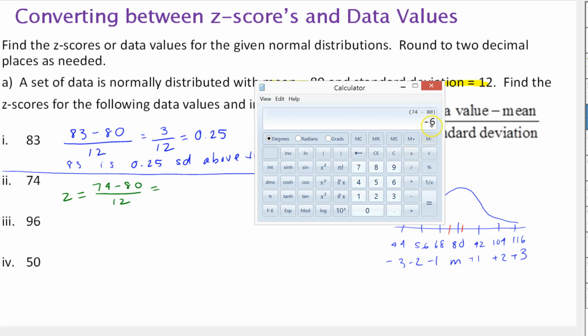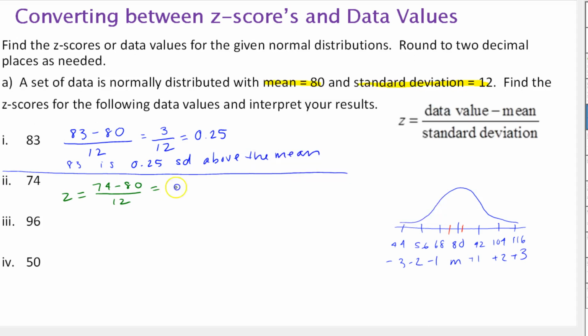It's 6 to the left of the mean. Since the standard deviation is 12, that's 1/2 of a standard deviation to the left of the mean. So negative 0.5 is the z-score. And our interpretation is 74 is 0.5 standard deviations below the mean. When we interpret it, we like to use positive numbers for the standard deviation, and we differentiate between the signs by saying whether it's above the mean, positive z-score, or below the mean, negative z-score.